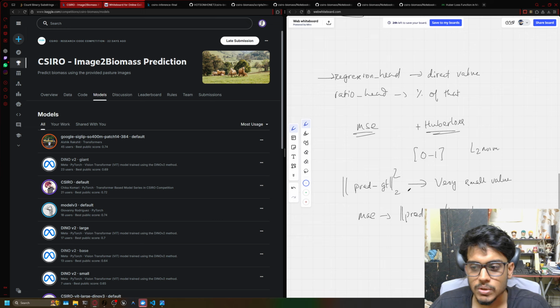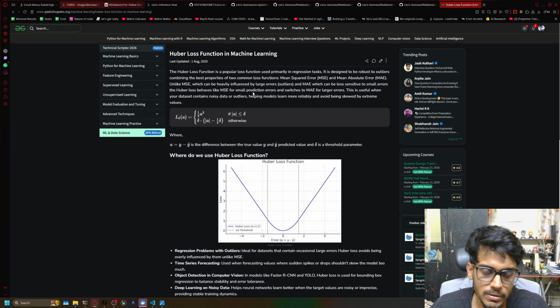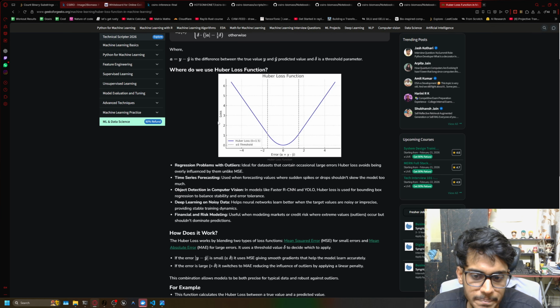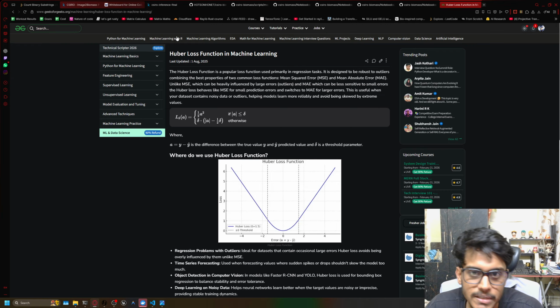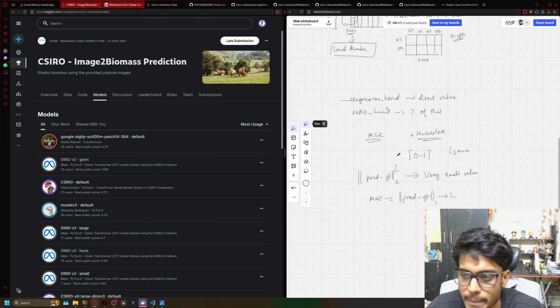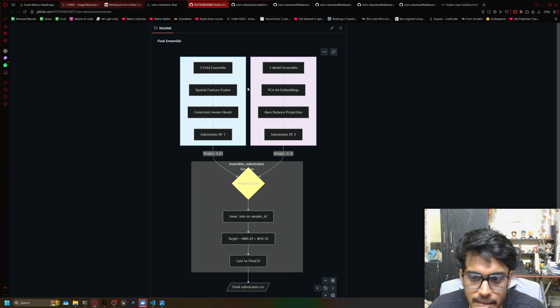This is what Huber loss does: when your error is beyond a certain value it uses MSE, otherwise it converts the error directly into an MAE error. So that was the inspiration for why I used Huber loss for the ratios. I guess I have mentioned it here also.